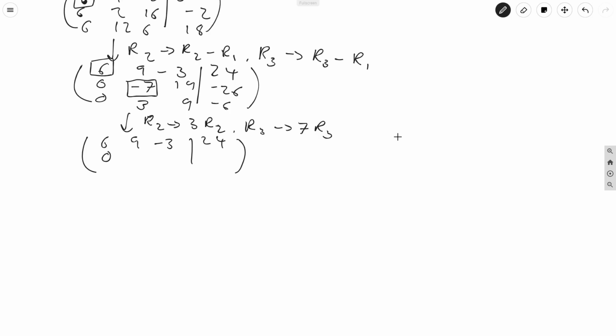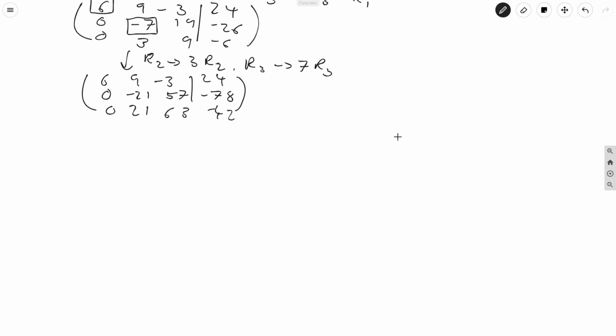And this middle row will be multiplied by 3, so 0 minus 21, 57, minus 26 times 3 is -78. 0, 21, 27. Oh, sorry, not 27. So it's 7 times 9, that's just 63. And -6 times 7 is -42.